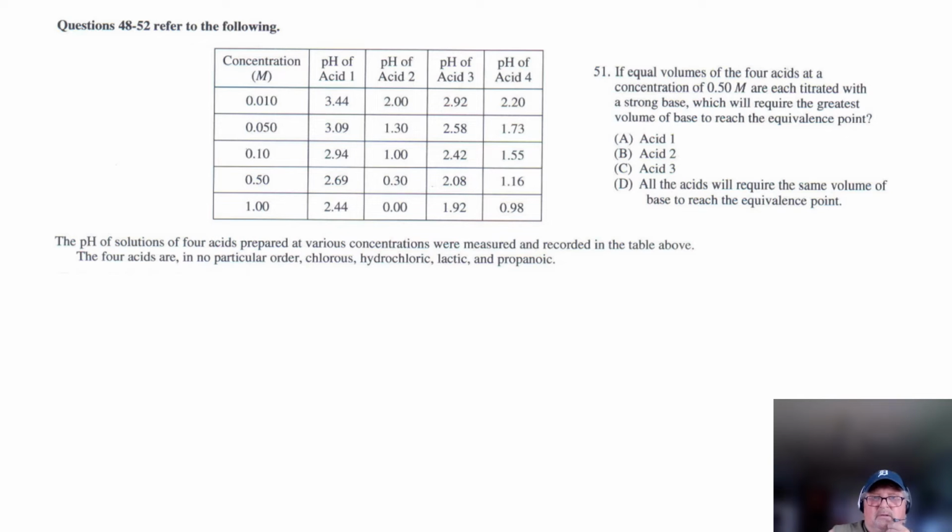Okay, so this is going to be a trick problem. If equal volumes of four acids have concentrations of 0.5 molar and are titrated with a strong base, which requires the greatest amount of base to reach the equivalence point? The key thing is right here: volume and concentration. So let's say each one of them, you take 20 mL.